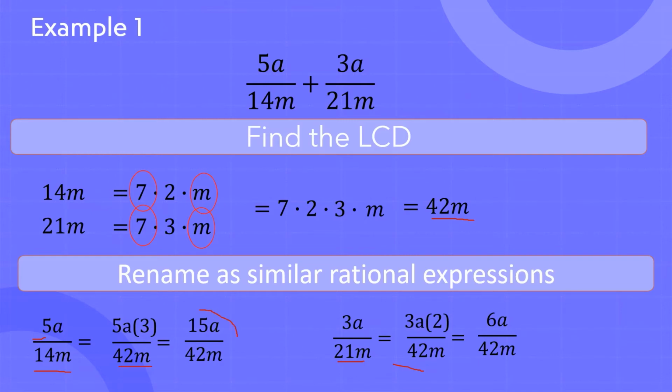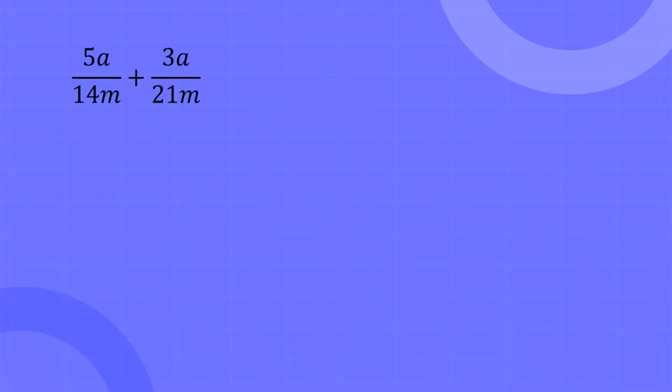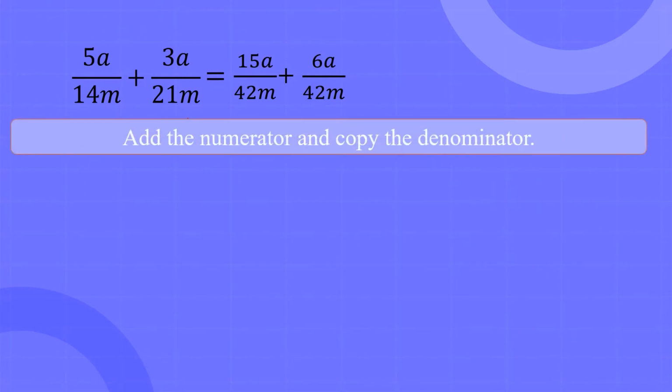Okay? So ito ngayon ang i-add natin. Okay, so ito na, 5a over 14m plus 3a over 21m. Okay, yan ay equivalent sa 15a over 42m plus 6a over 42m. Okay, so we will now get the sum of the numerator, then copy the denominator.